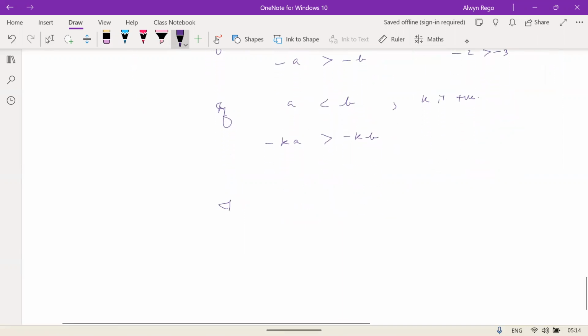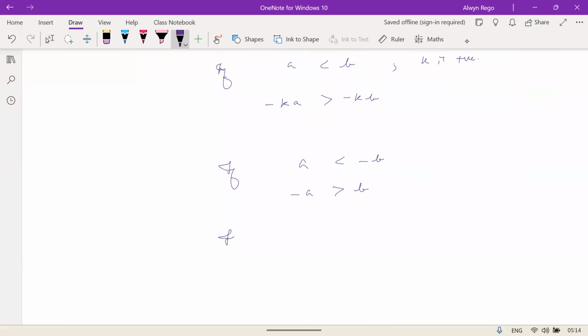If you have, let's say, A is less than minus B, then minus A is more than plus B. Let's take an example and understand that.